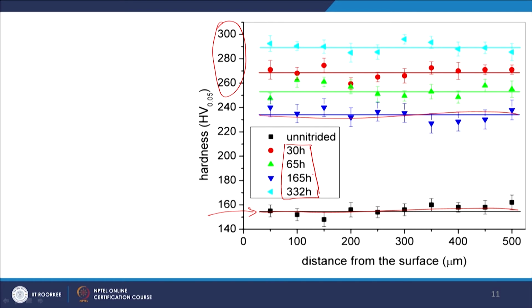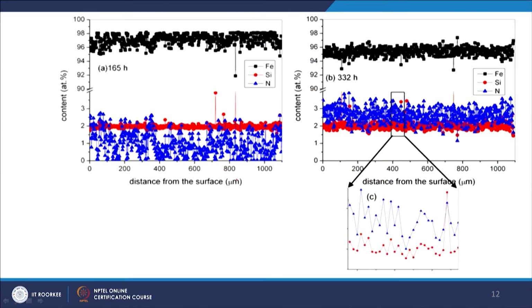The same kind of results you can see if you look at the concentration of nitrogen as a function of depth. This is after 165 hours. If you look at this blue curve, the nitrogen concentration is more or less homogeneous. There is a scatter, but we should not worry about it, because you have coarser particles of nitride in the matrix.